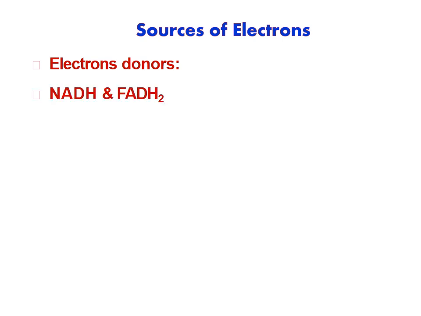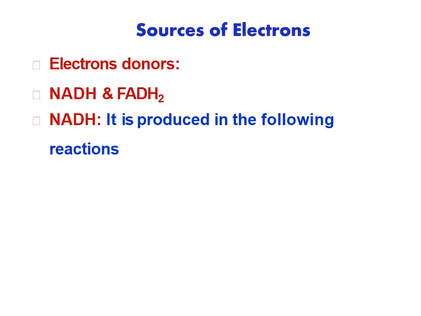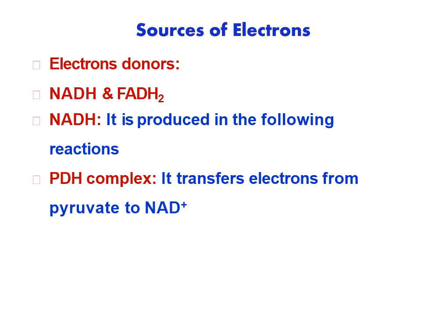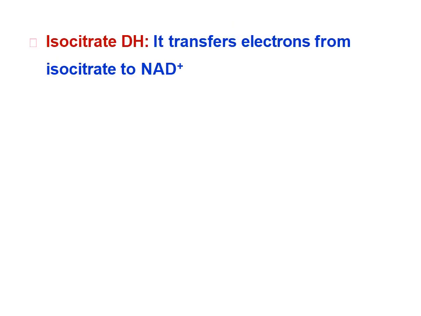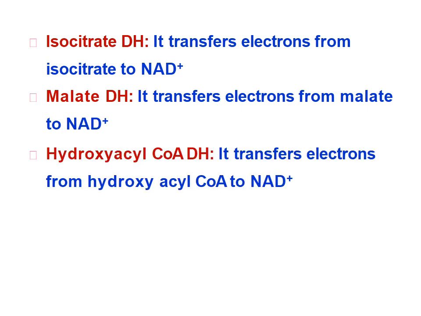These slides are telling about the source of electrons, the electron donors. What are the sources of electrons? NADH and FADH2. NADH is produced from which reactions? From the PDH complex, alpha ketoglutarate dehydrogenase, isocitrate dehydrogenase, malate dehydrogenase, hydroxyacyl coenzyme A dehydrogenase.